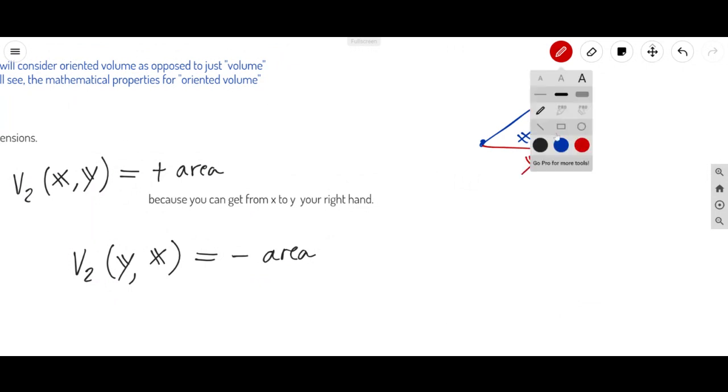And then let's suppose we have another vector, vector z. Let's make it bold so it stands out. Vector z is pointing like that. So that's going to be vector z.